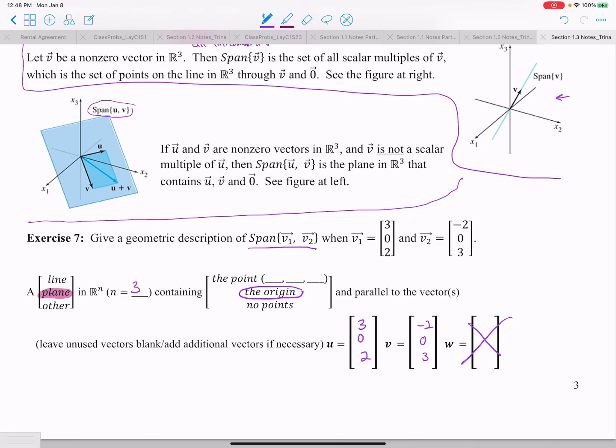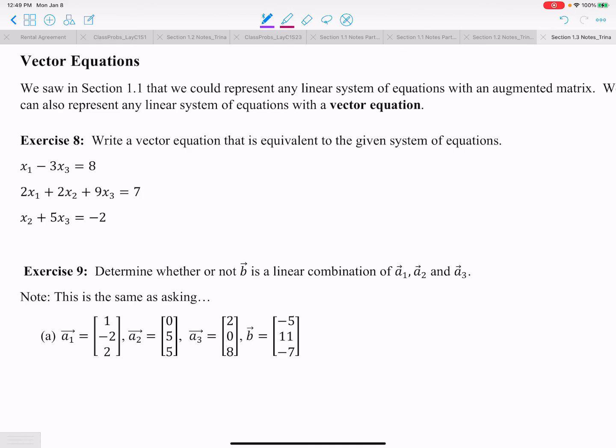And we don't need that. We just looked at vectors and how they are represented. Now I want to look at systems of equations and how we can write them as vector equations. This system has 3 equations and 3 unknowns. So I'm going to write this as a vector equation. I'm going to look at each equation and find the coefficient of my x1.